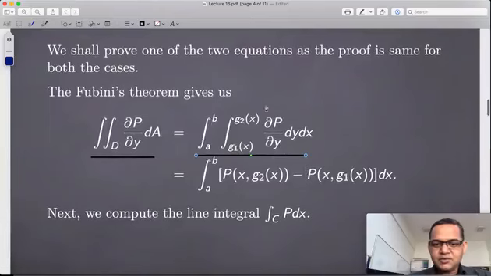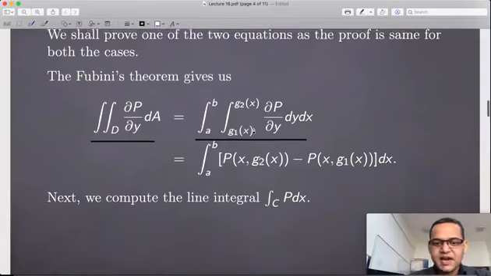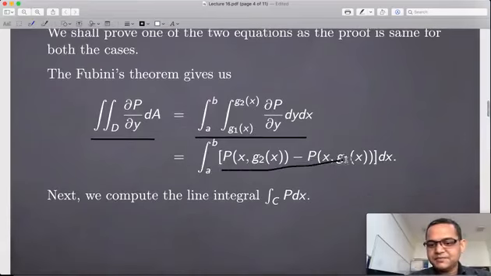Now if you just look at this piece, this is a situation of just a single variable, because the variable y is being integrated out for each fixed x. So here I can apply the fundamental theorem of calculus, and if you do that, this is what you are going to get, and then what is left is the integral of this quantity.